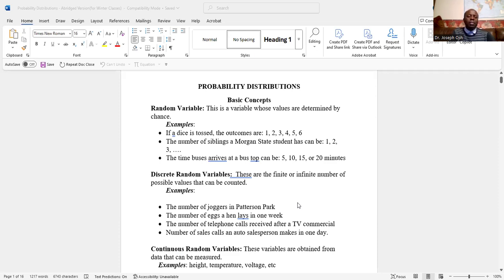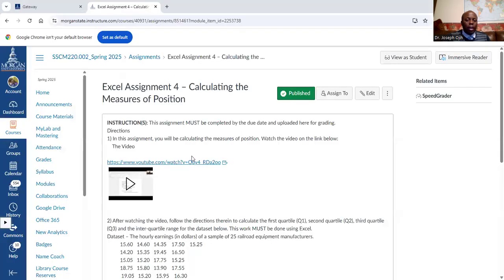Now, discrete random variables is the name we give to the finite or infinite number of possible values that can be counted. They are discrete, which means that they are countable. Example, number of people who are jogging at Patterson Park.